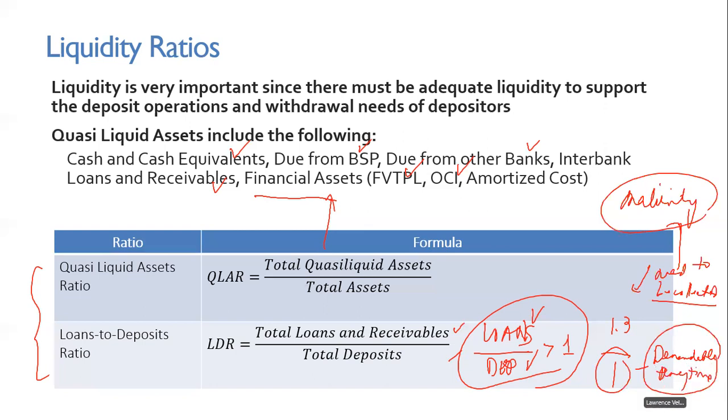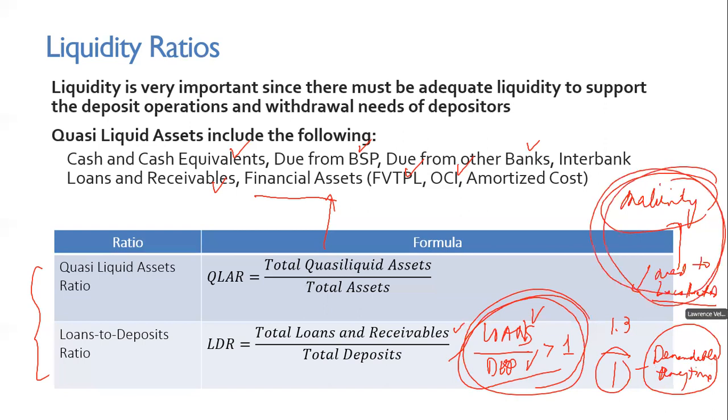Technically, if you go to your bank now and you say to your bank, I want to get all my money, the bank should be able to provide you with that cash. No? So having a high loans to deposit ratio means you have a lot of illiquidity relative to a liability that's fairly demandable ASAP. Okay? So therefore, medyo delikado ka.